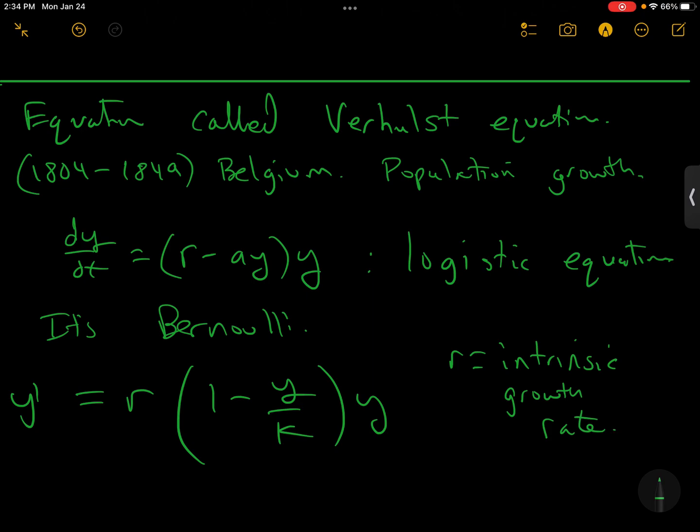That means the rate of growth that you would have with no outside factors, nothing holding you back, no famine, no bad weather, no anything. And there's a way to interpret k as well. Basically all we have is k equals r over a.